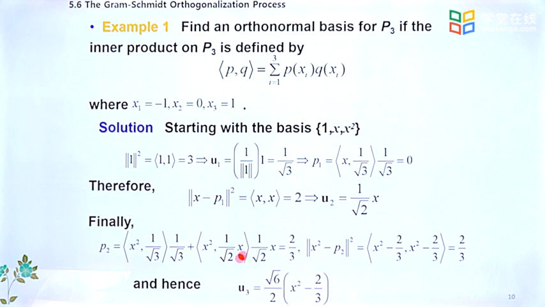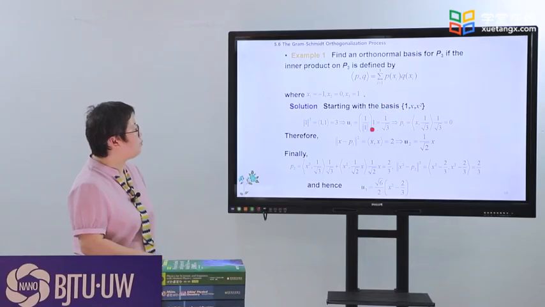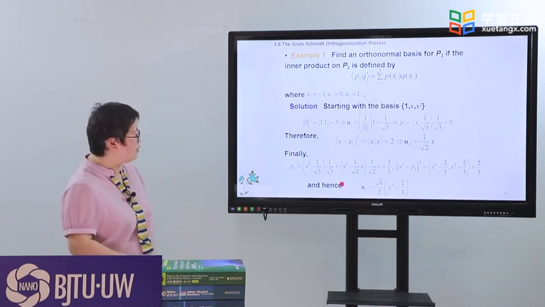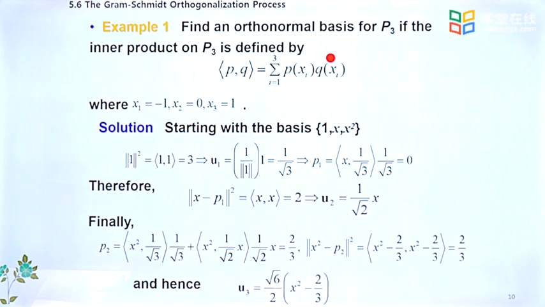So eventually you will have this u3. This constitutes an orthonormal basis for P3 with this inner product: u1 is 1 over square root 3, u2 is x divided by square root 2, and u3 equals square root 6 over 2 times x power 2 minus 2 over 3.